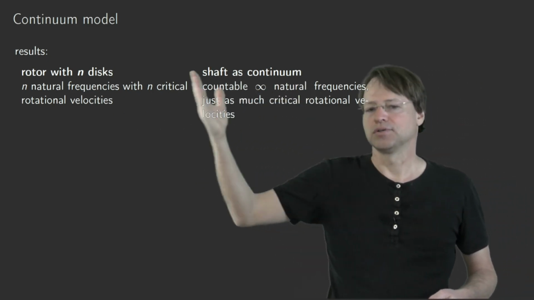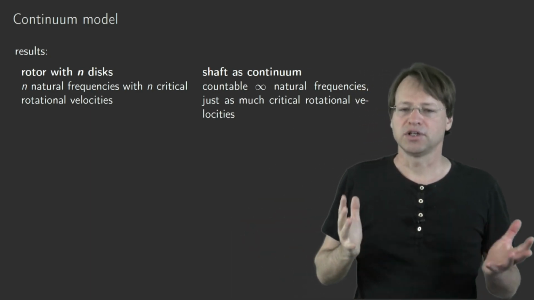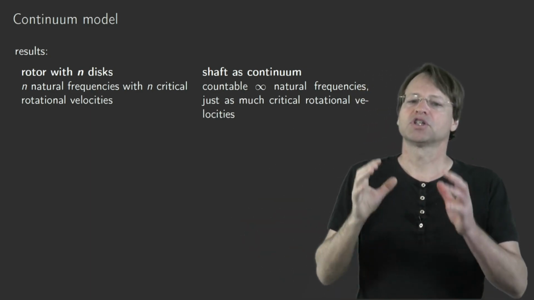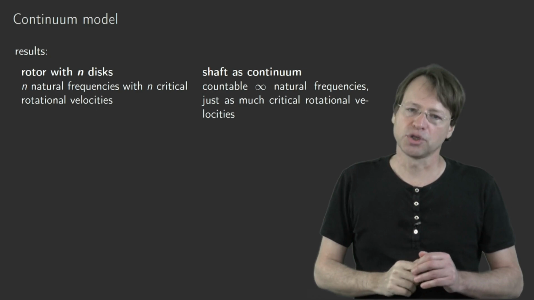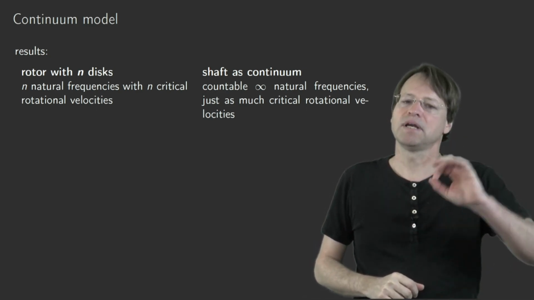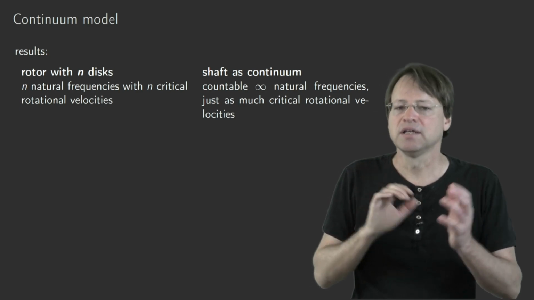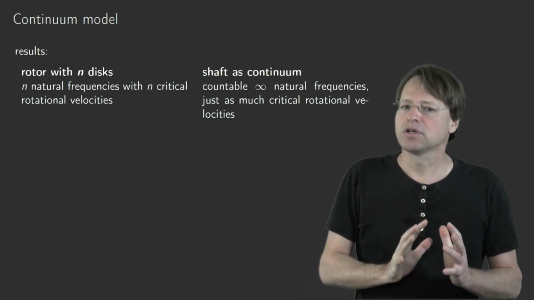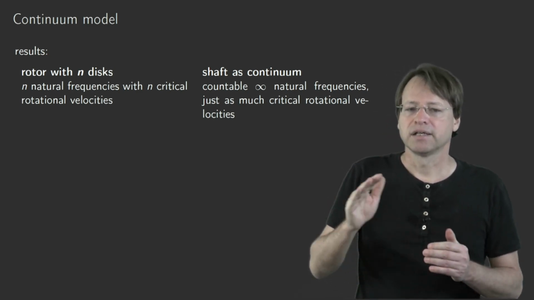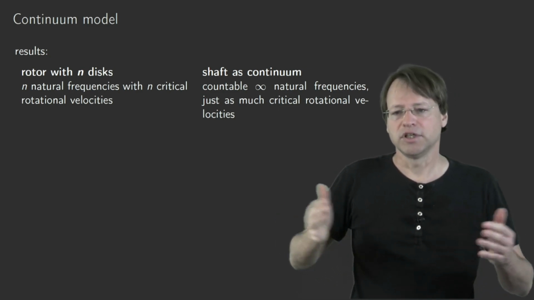This leads to resonance at n critical rotational speeds. For a shaft as a continuum, you can show that you have countably many natural frequencies, so you also have countably many critical speeds. That sounds a lot, but countable is like integer numbers.